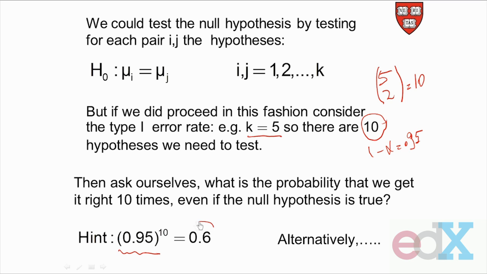And look at what happens to 0.95 when you multiply it by itself a number of times. In other words, this 95% chance that you had when you did just the one test has now gone down to 60%. So it's not the best approach to take.